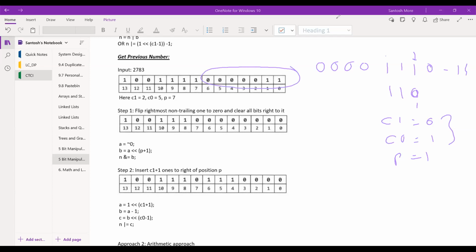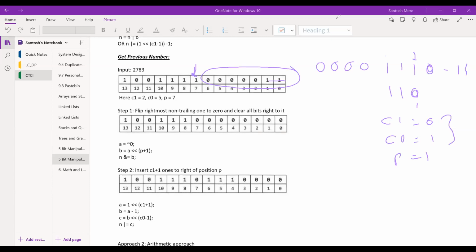After that, whatever one I have, I need to reset that. If I have all zeros, then I just have to set whichever bit is after that to 1. I reset 1 after all the zeros.